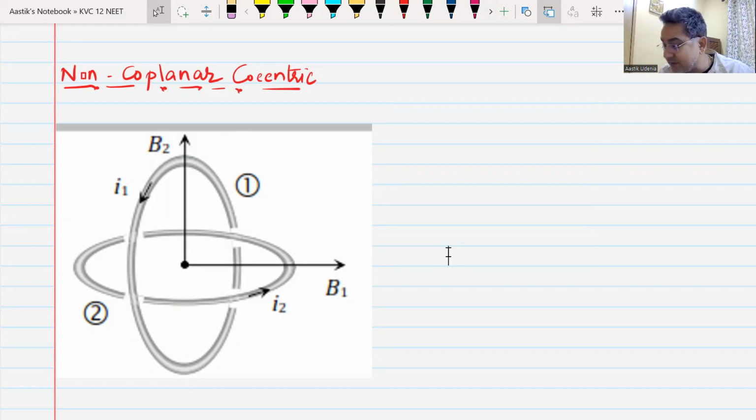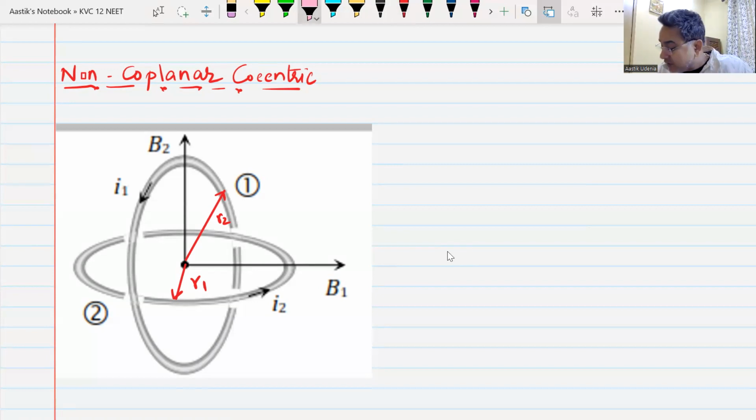Coil number 1, you can call the radius as R1. And coil number 2, you can call the radius as R2. Do we understand these two coils are in different planes? Yes or no?